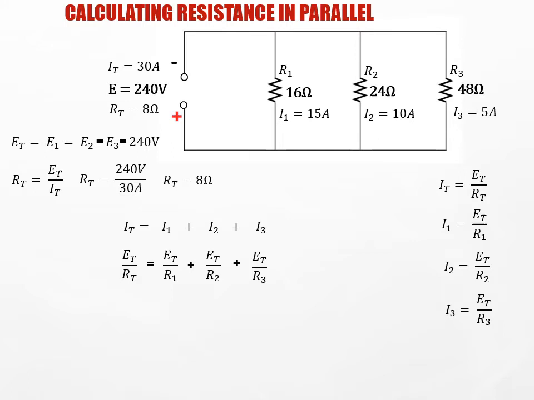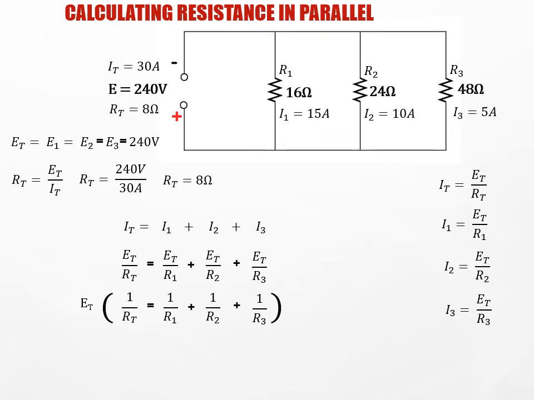Common to all of these fractions is ET. So if we were to simplify or factor out ET, inside we would have 1 over RT is equal to 1 over R1 plus 1 over R2 plus 1 over R3.